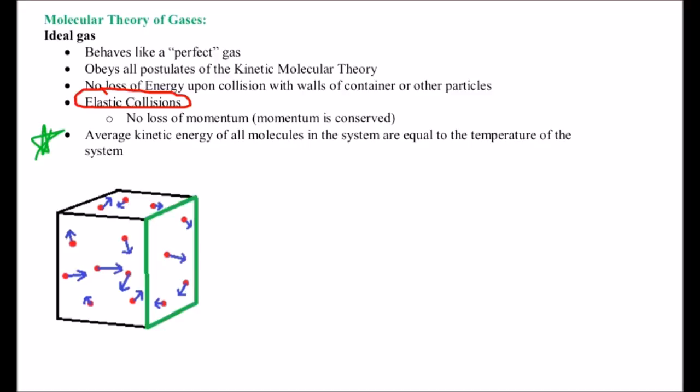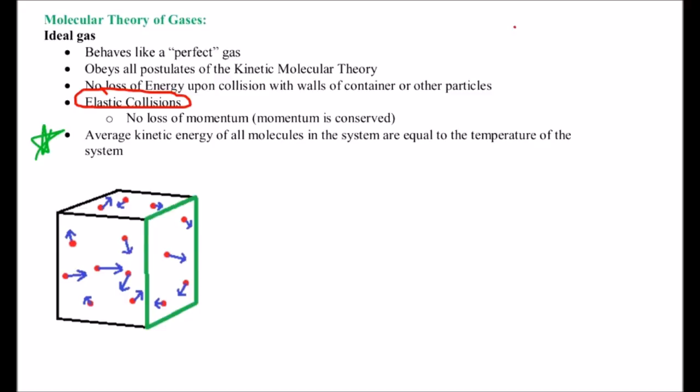So when the molecules of gas hit each other, or they hit the walls of the container, they're not going to lose energy. If they're hitting the wall of the container, then their direction is going to change. So that's how the velocity changes, so that momentum is conserved. Or if they're hitting other gas molecules that are moving at exactly the same speed when they collide with each other.